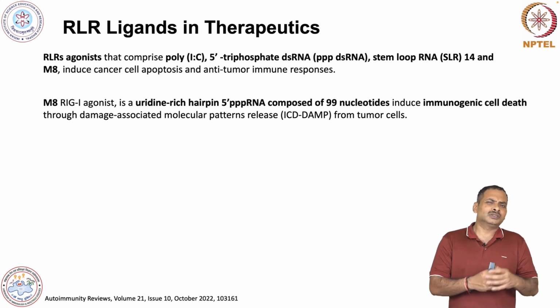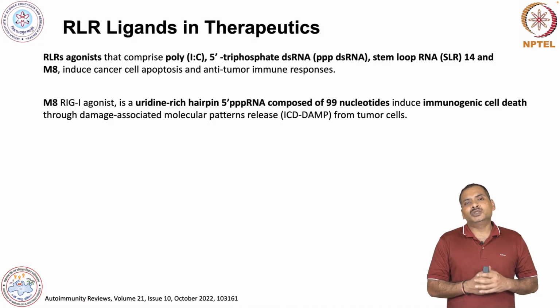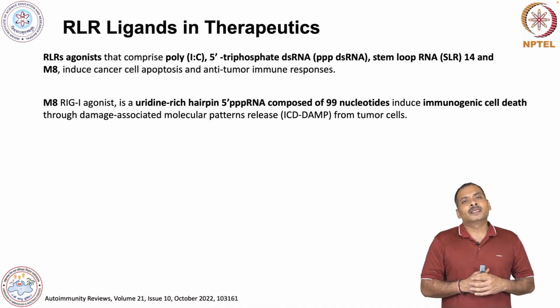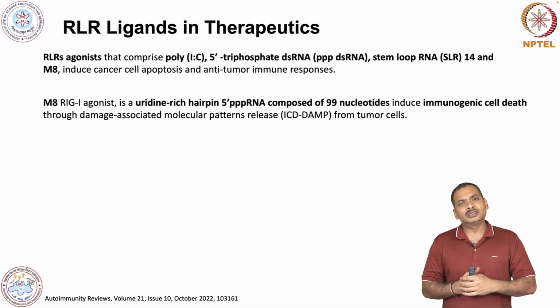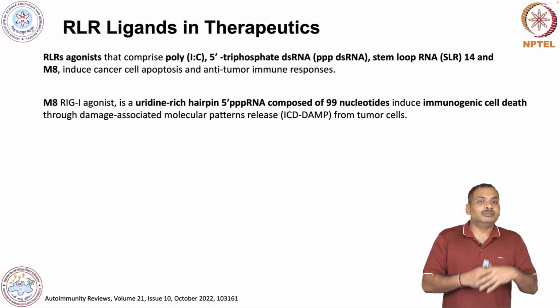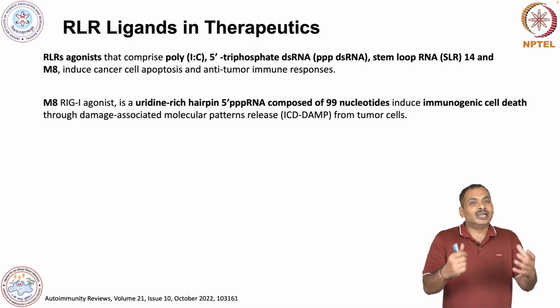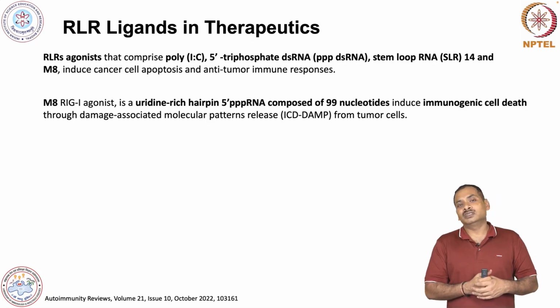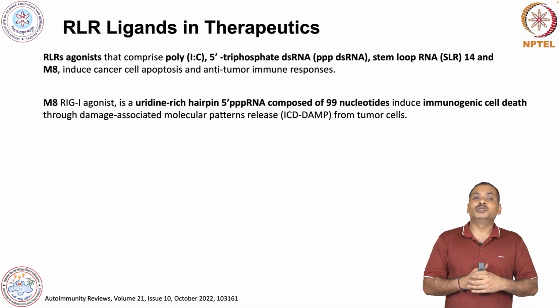So immunogenic cell death is a new concept. It's not very new, but it is a reasonably new concept. Immunogenic cell death is a kind of cell death or apoptosis which releases DAMPs. Okay, and what is DAMP? DAMP is a damage associated molecular pattern. So when this damage associated molecular pattern is released, it again activates the immune system.